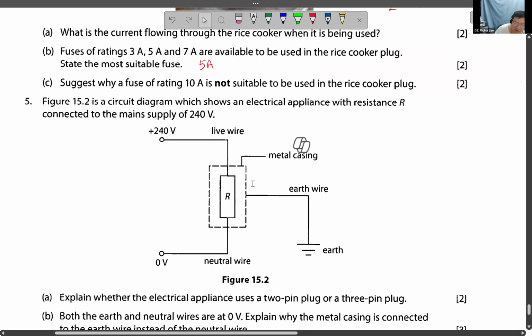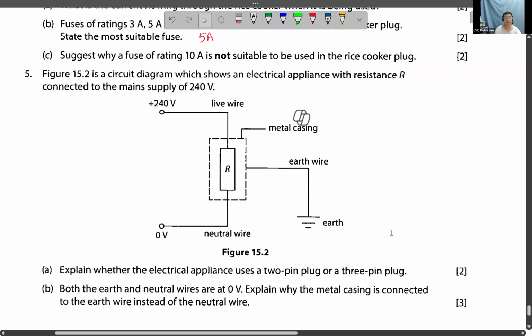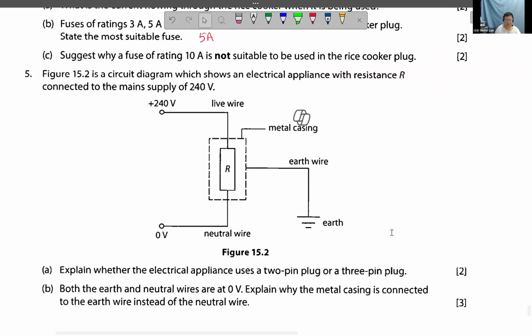Let's look at this circuit here. This is another circuit. Look at the pin.